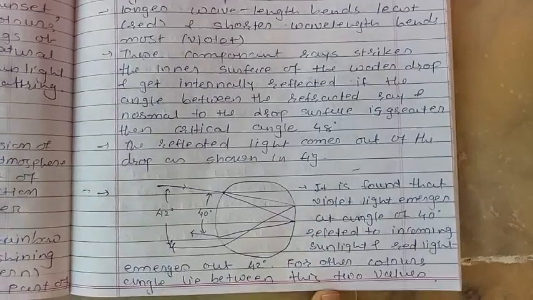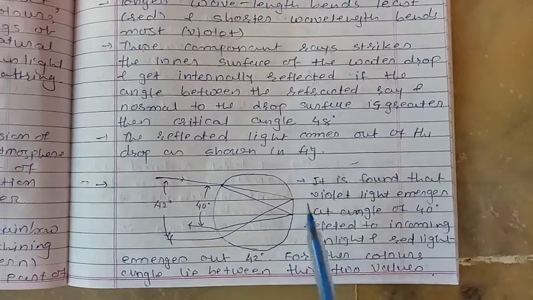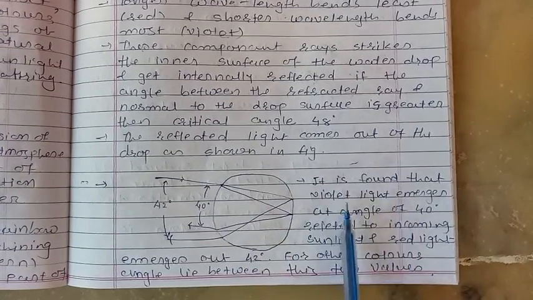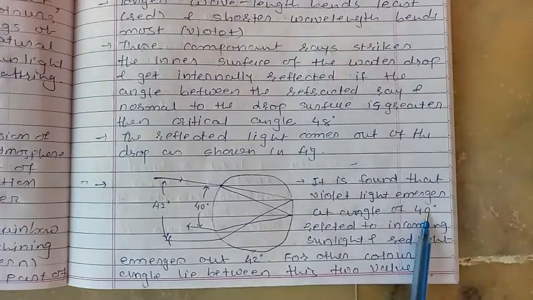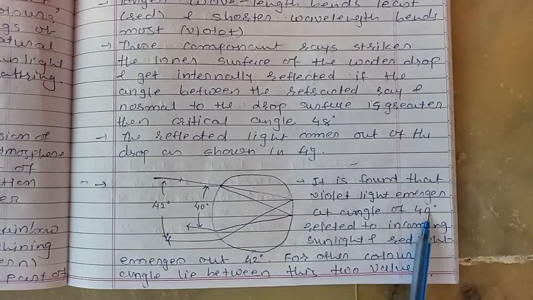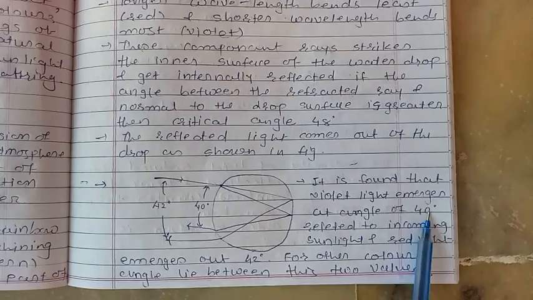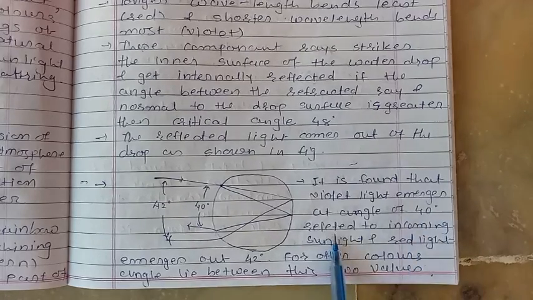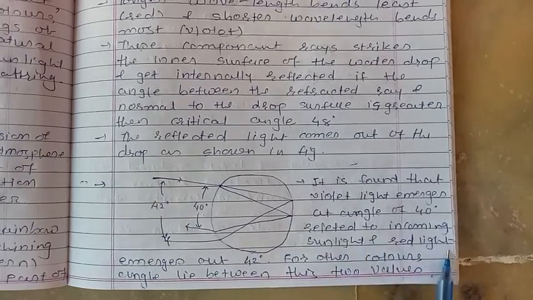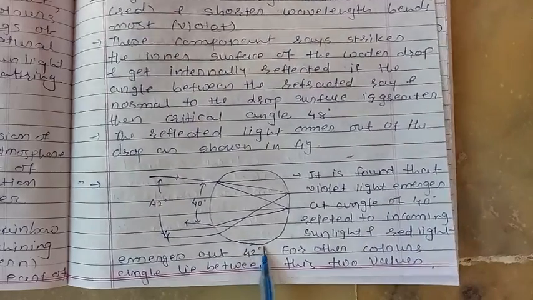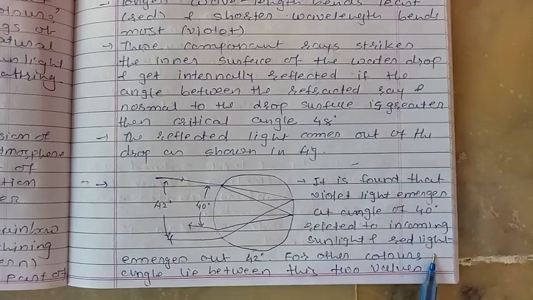And now you have to remember this sentence. It is found that violet light emerges at the angle of 40 degree. I repeat, violet light emerges at the angle of 40 degree related to the incoming sunlight, and the red light emerges out at 42 degree, right?